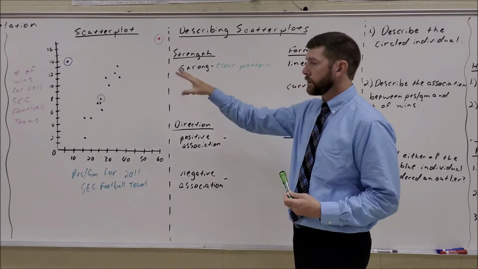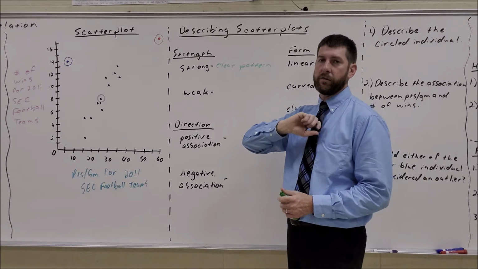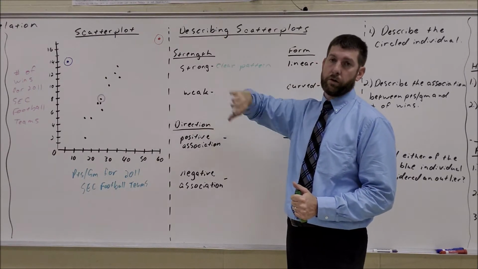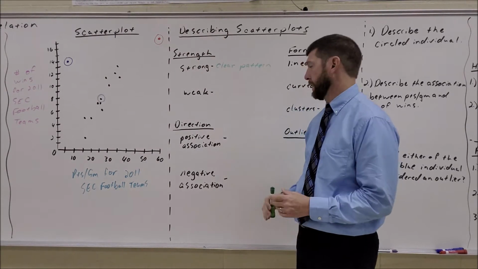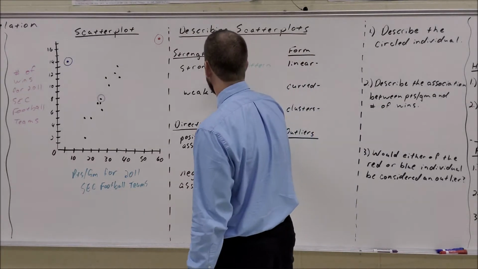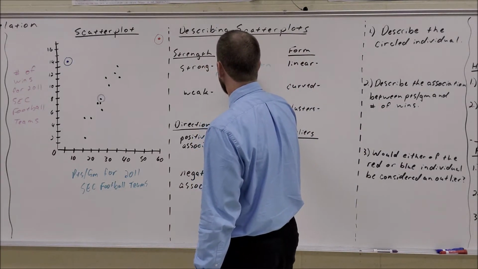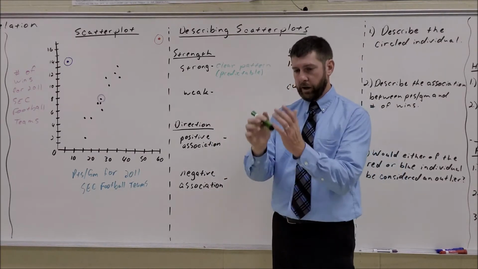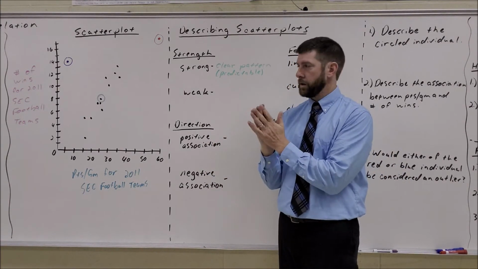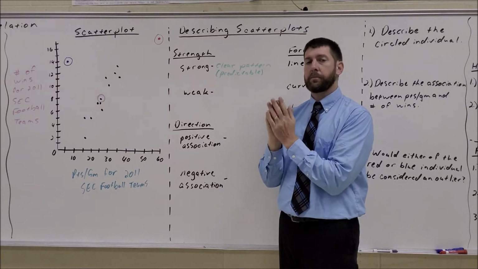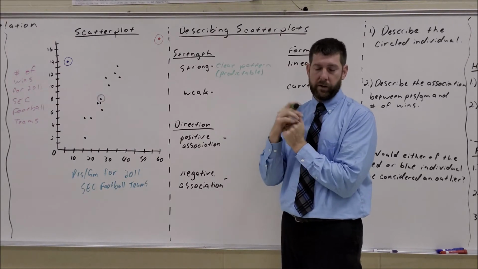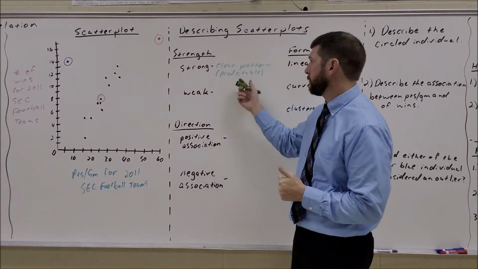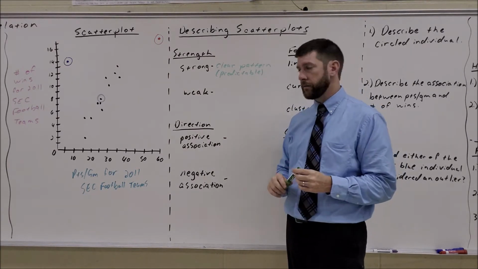When I look at the graph, do I see some type of straight line or curve or shape, anything that I can see? Is it predictable? So if I had an idea of where one x value was, where an explanatory value was, could I predict where the y value should be for that, or where the response value should be? That's what I mean by predictable. That's what I mean by a clear pattern.